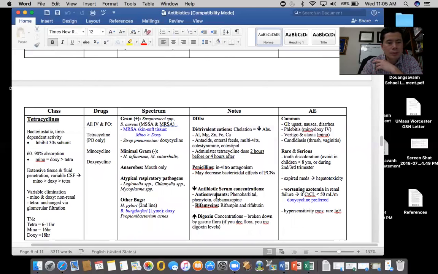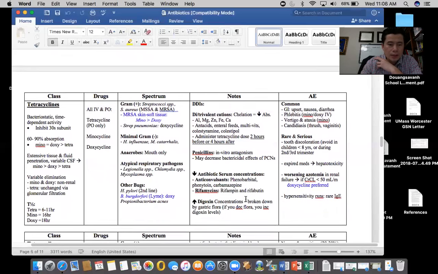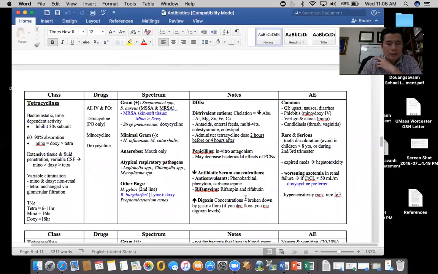So your serum level for your antibiotics when you're taking tetracyclines will actually be reduced. And if you're also on rifampin, you want to be a little leery with that. And anybody that's on heart rate controlled medication like digoxin, you want to be a little leery because it actually increases the concentration of digoxin.